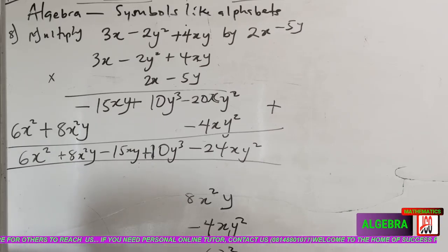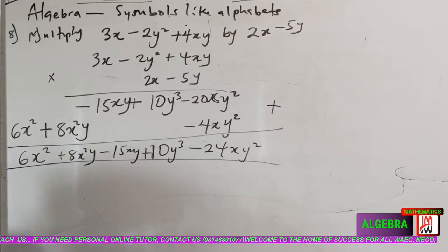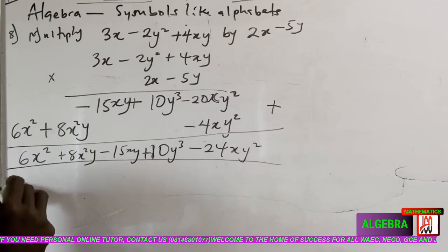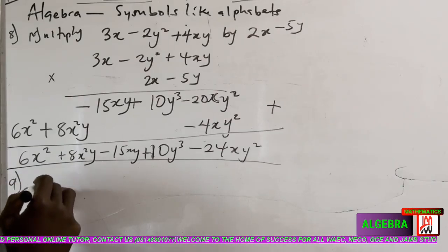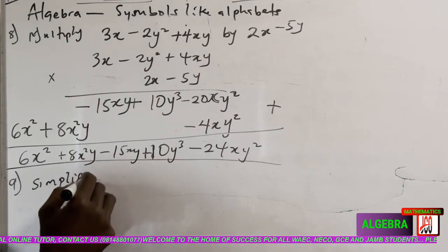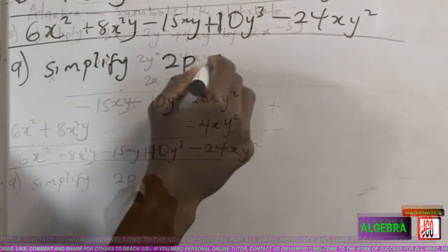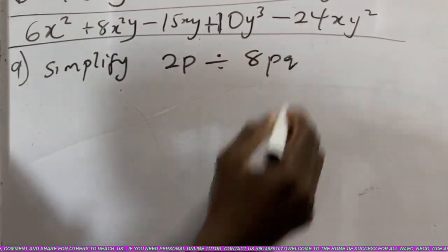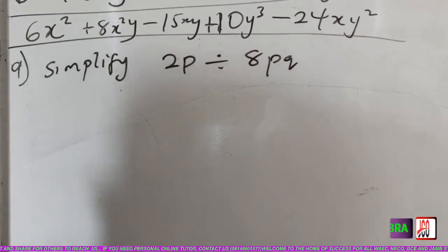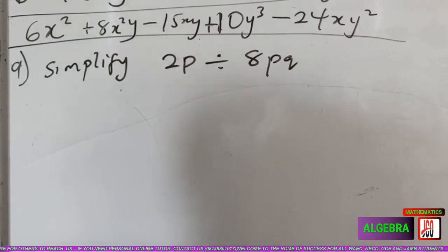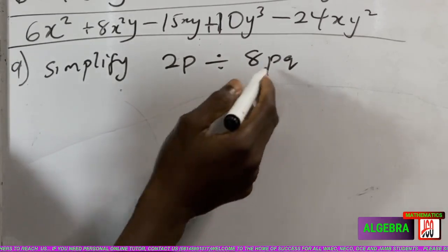Your options might be in different formats. Let's go for question number 9. Question 9 says simplify 2p divided by 8pq. Many students make some mistake like this when dividing, and they use this to divide this.